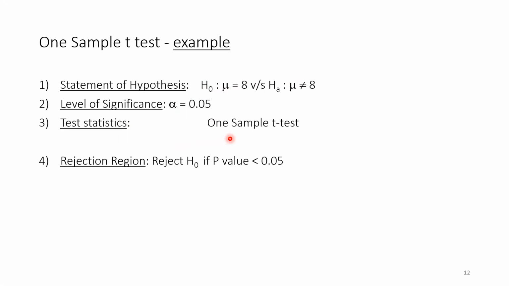The test statistic is the one sample t-test because we have one quantitative variable which is normally distributed, as checked by the Shapiro-Wilk test, and it is compared with the value of the null hypothesis. The rejection region is that we will reject the null hypothesis if the p-value from the one sample t-test is less than 0.05.